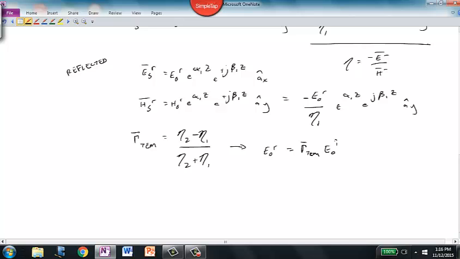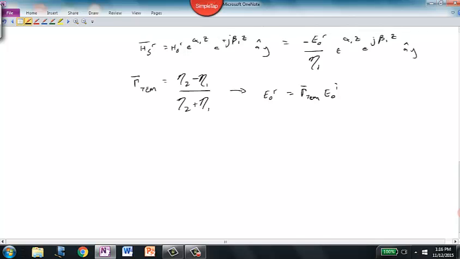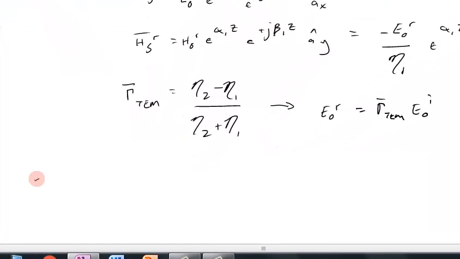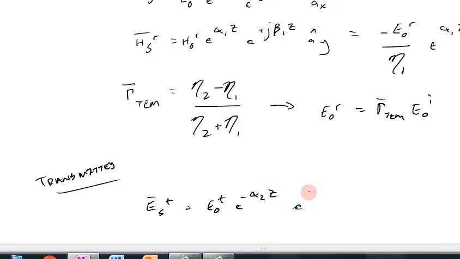So that gives us our reflected wave information, and then finally we need to calculate the transmitted wave. We have E transmitted equal to whatever the initial value of the wave is in the transmitted medium, e to the minus alpha 2 z, e to the minus j beta 2 z, still moving in the a hat x direction.